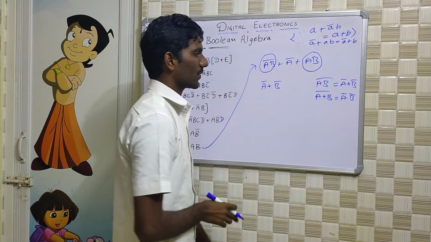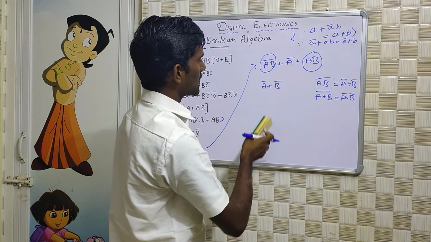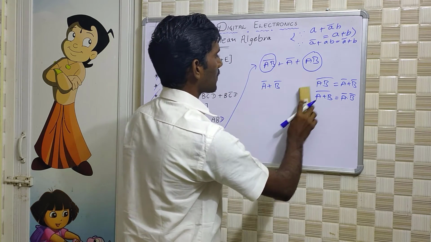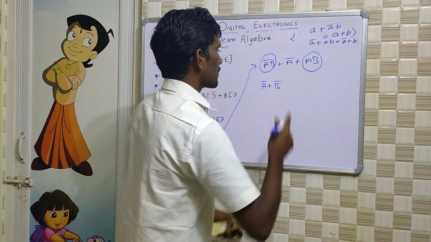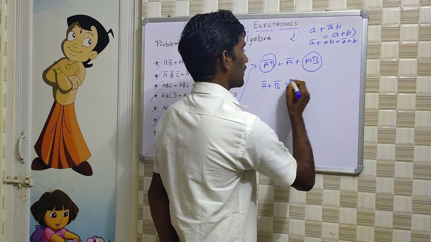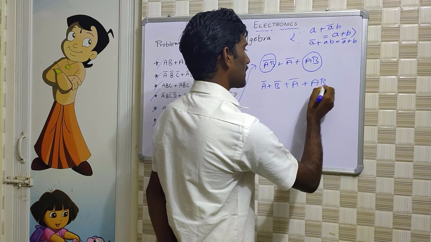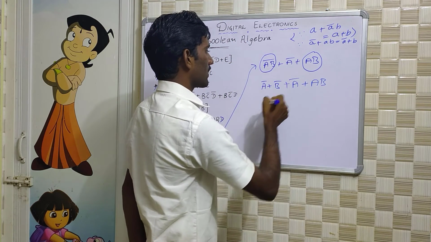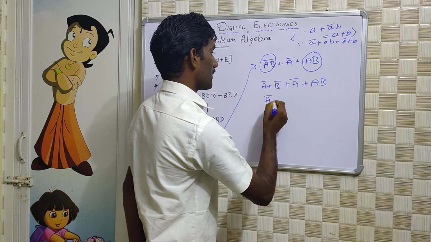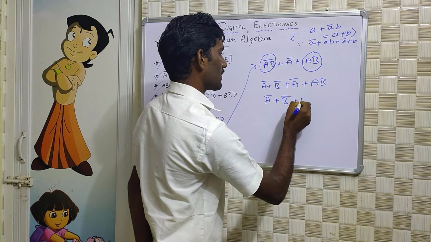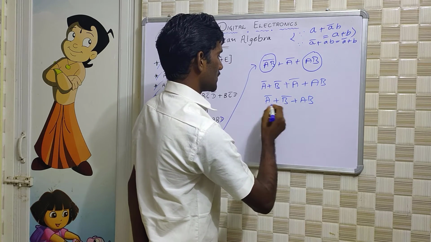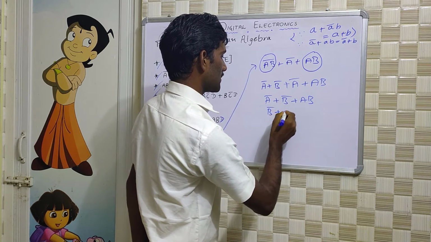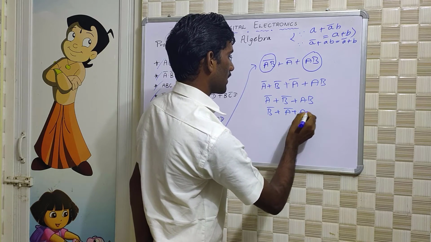So by using De Morgan's theorem, we split it into A bar plus B bar. So again it will be A bar plus A B. One A bar can be cancelled. Then B bar plus A bar plus A B.